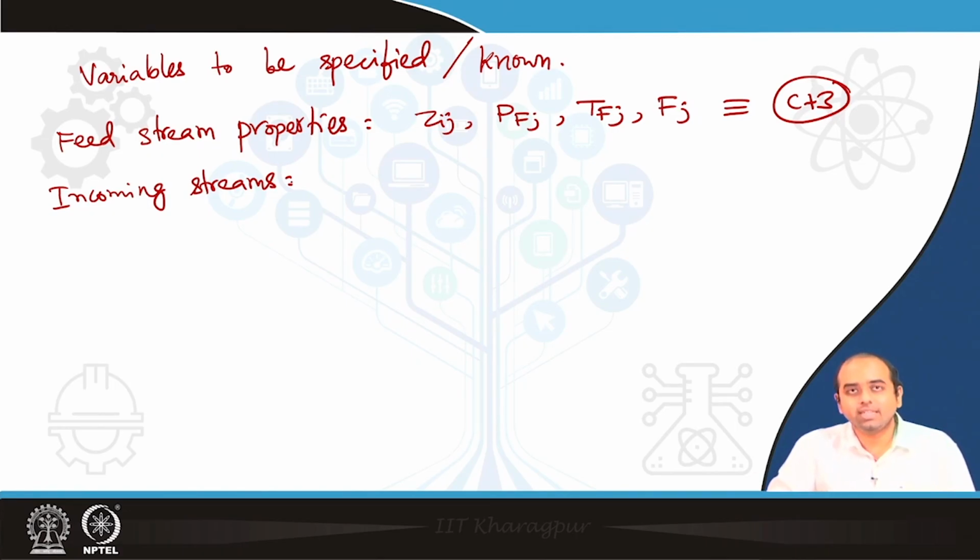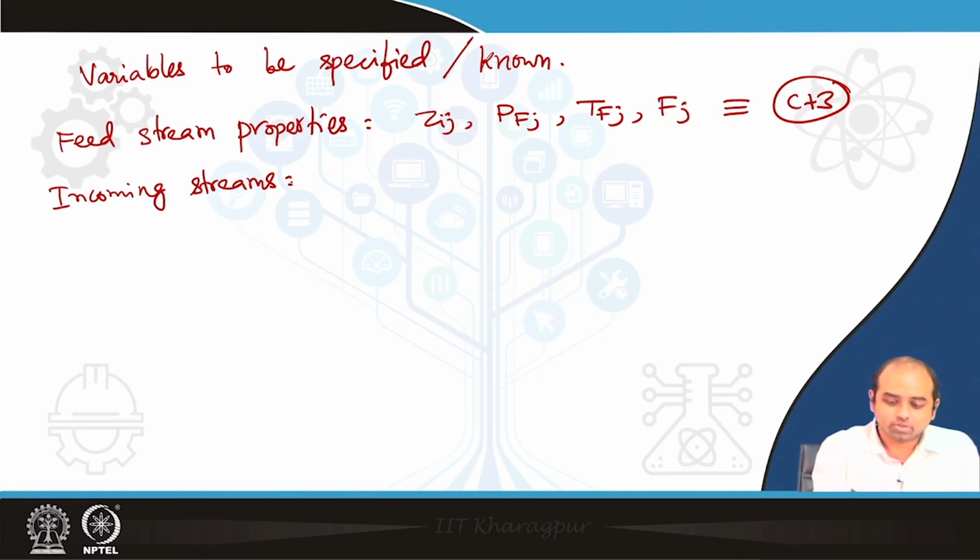So Tj minus 1, Pj minus 1, then Xij minus 1, then Yij plus 1, all these would be known because they are coming from the previous tray. So from the incoming streams, the liquid and vapor mole fractions are known.